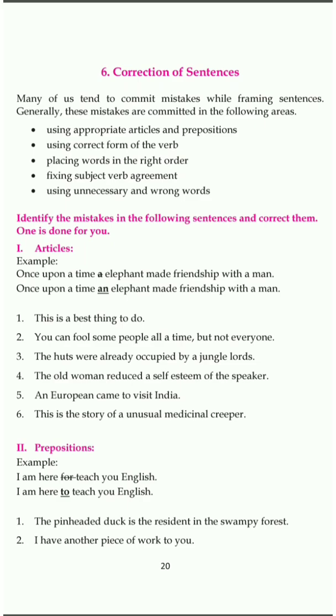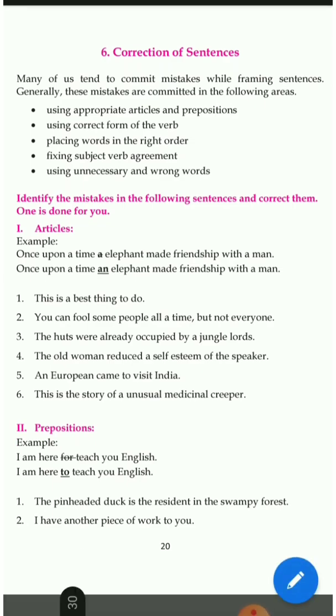Don't get confused between vowel sound and vowel letter. It is just a letter, not a vowel sound here, and that is why it takes the U sound. So it must take "a". A European came to visit India. Don't say "an European", but "a European".